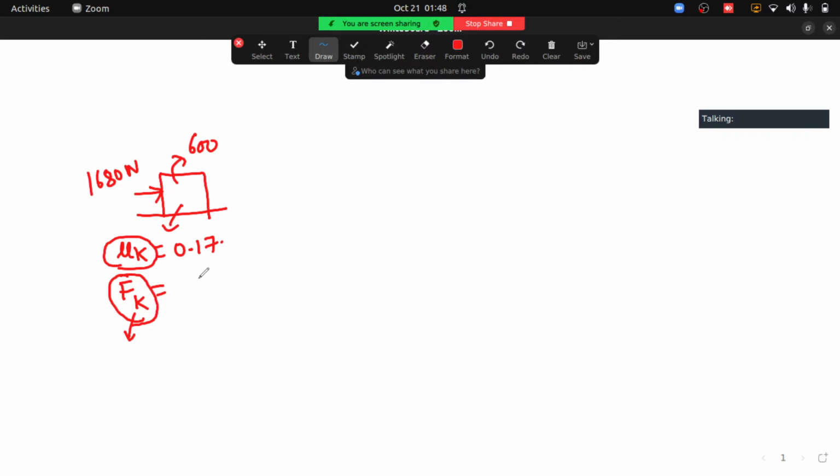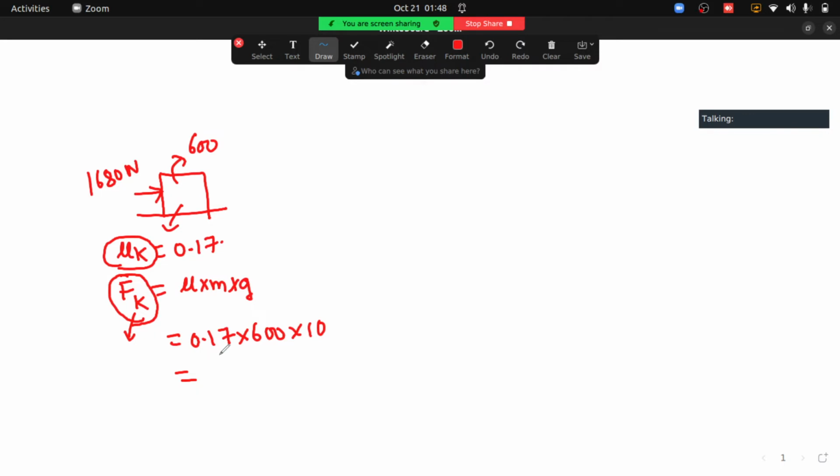The formula is the same, mu times mass times g. Whenever you want to calculate the force due to friction, either kinetic or static, we use mu times mass times g, where g is acceleration due to gravity. This is 0.17, the mass is 600, and g is 10, and what's this value? 1020.